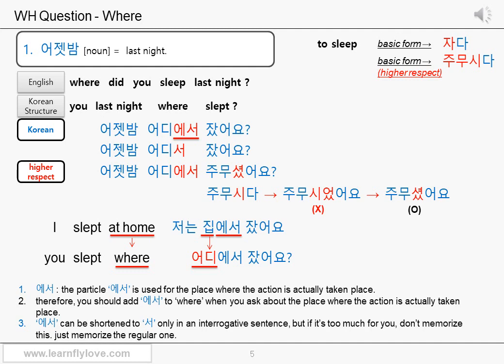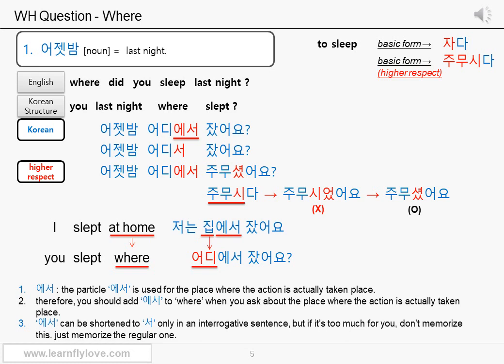Then let's make a higher respect form. We just need to change the verb part. The higher respect form of the verb "sleep" is 주무시다. Not 자시다. Be careful, it's a totally different word. The stem of this verb is 주무시.